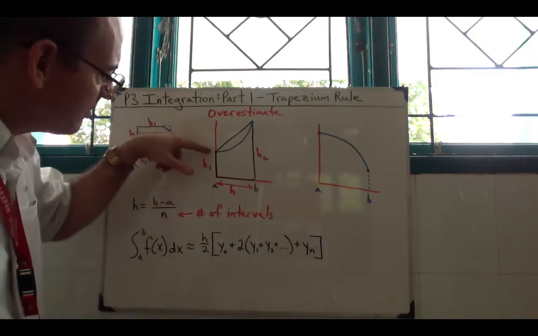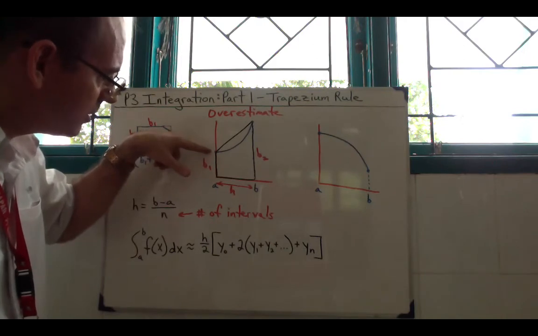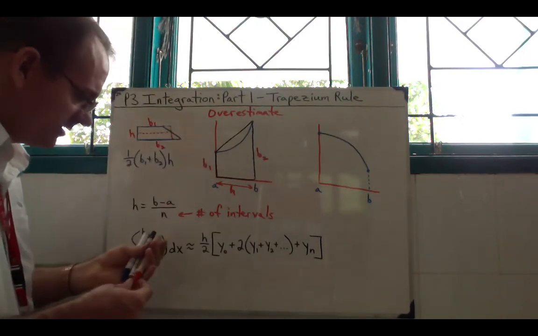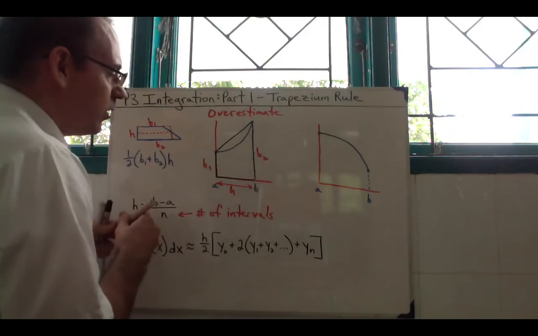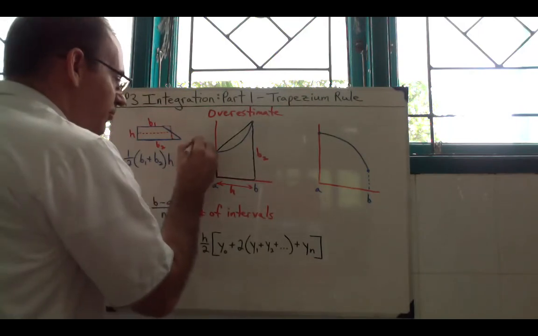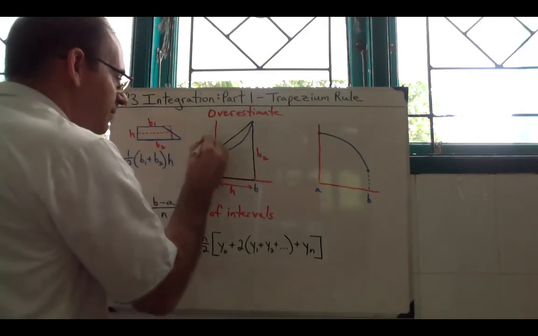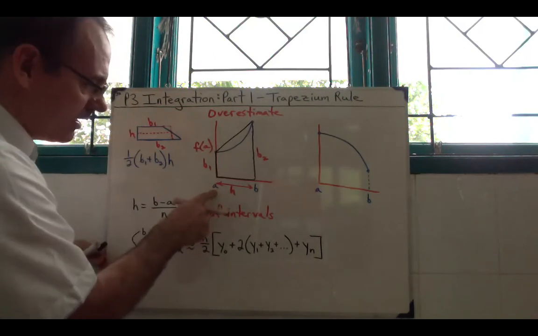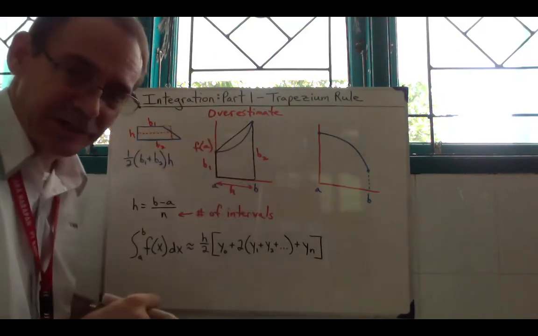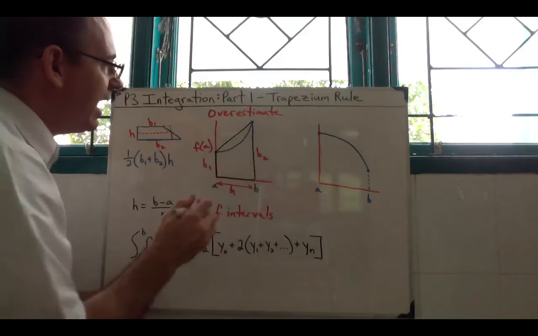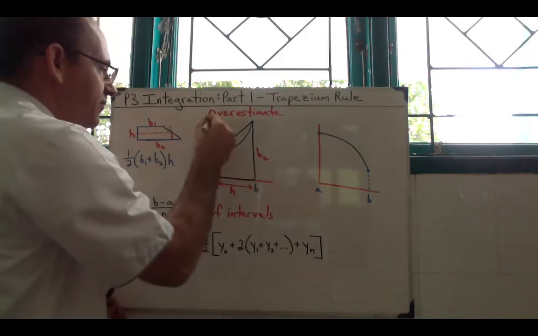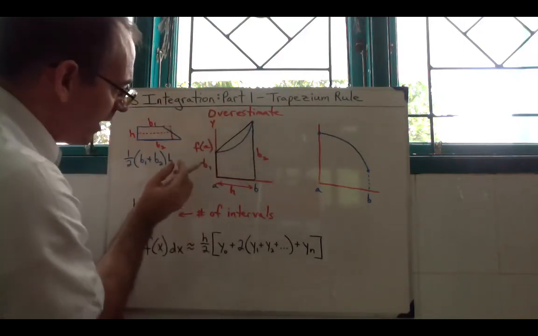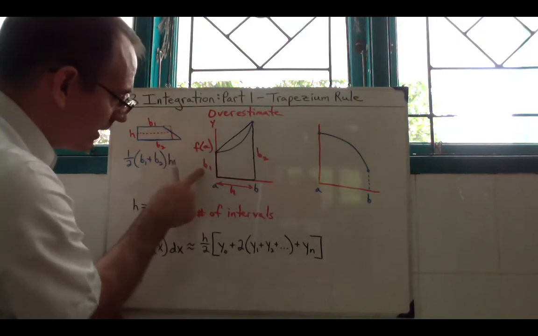Now, to find the actual value of this, the base 1 is going to be your function of A. In other words, you plug A into your function so that you can find the height or the Y value. You need to find the Y value here, and that will give you base 1.